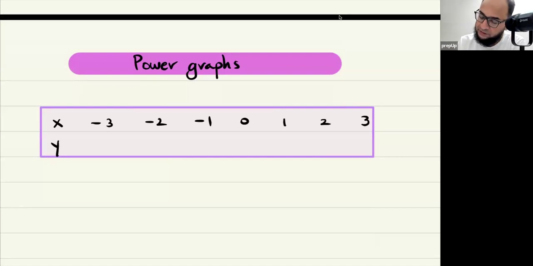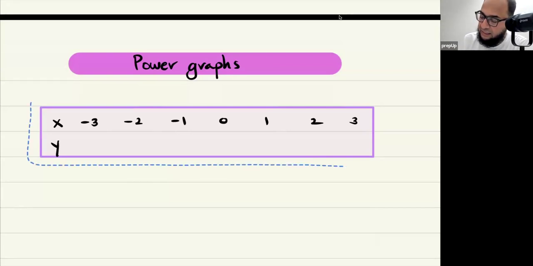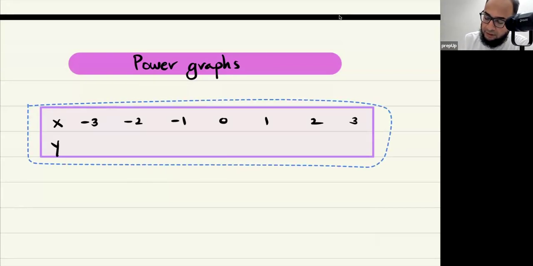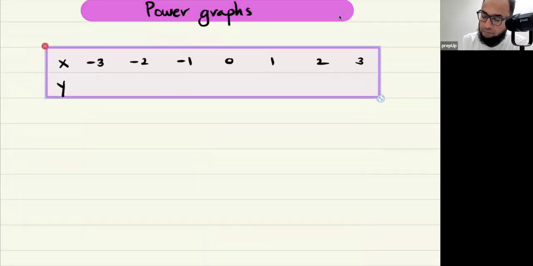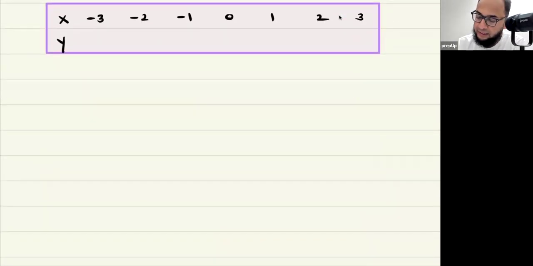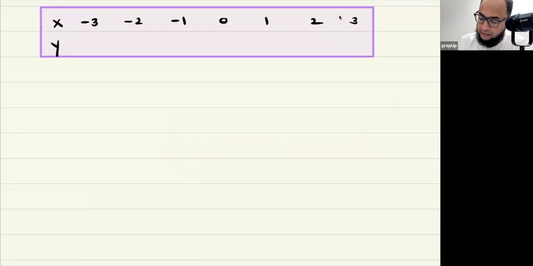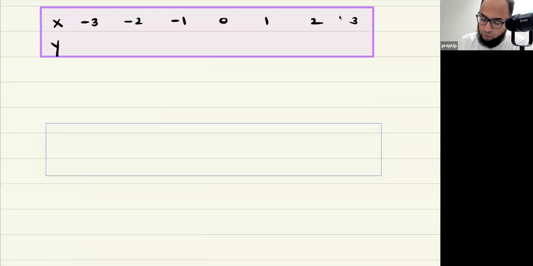I think it's a little bit misplaced, so let me write it correctly. This is -3, this is -2, this is -1, this is 0, this is 1, this is 2, and this is 3. Again, let me select this thing and paste it on the other page. And what else do I need? I need the grid. That grid is right over here.